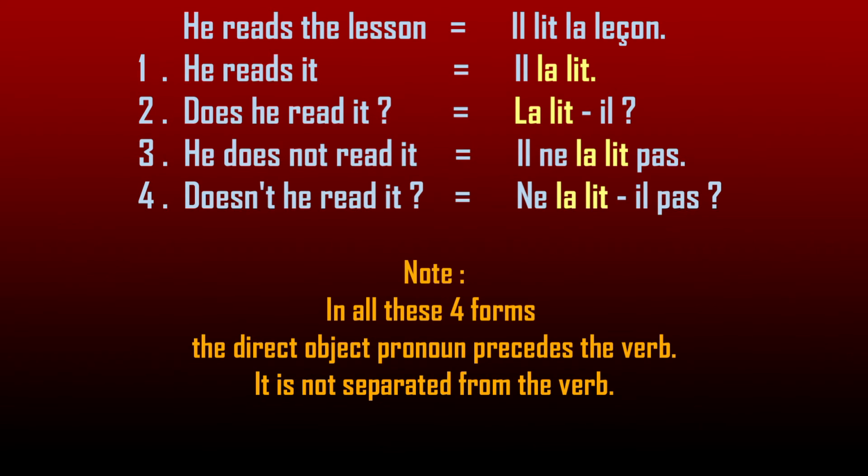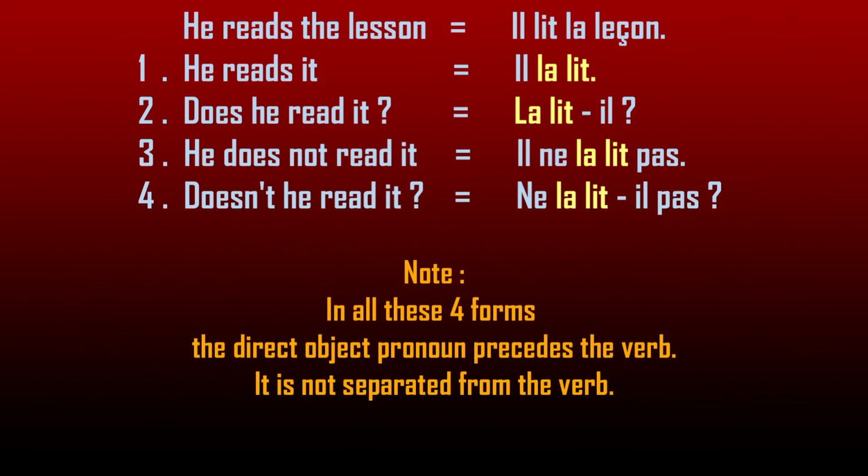Please be informed that in all these four forms, the direct object pronoun precedes the verb. It should not be separated from the verb. Read the sentences once again. He reads the lesson.